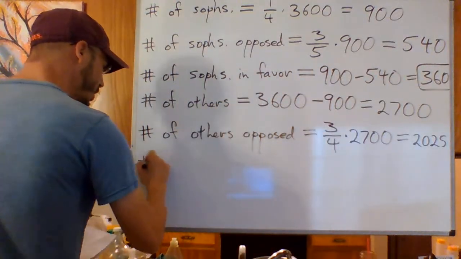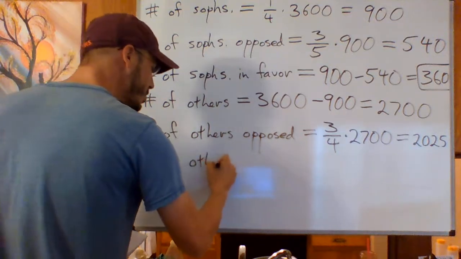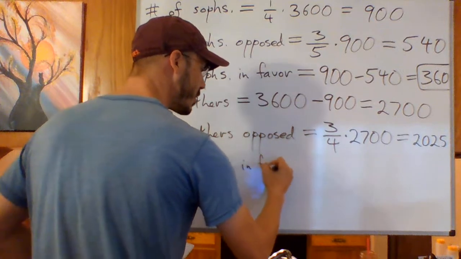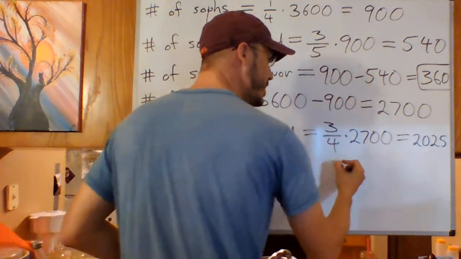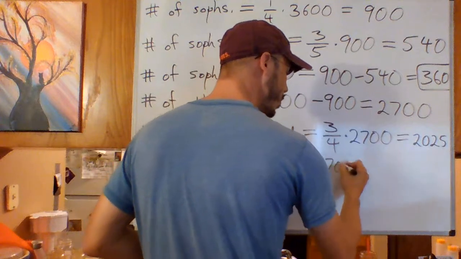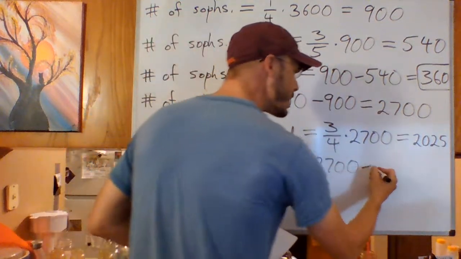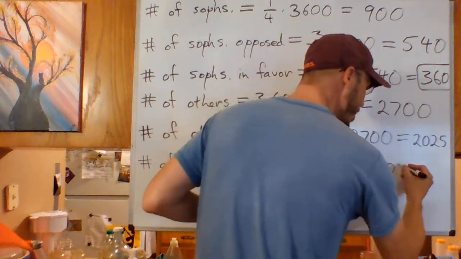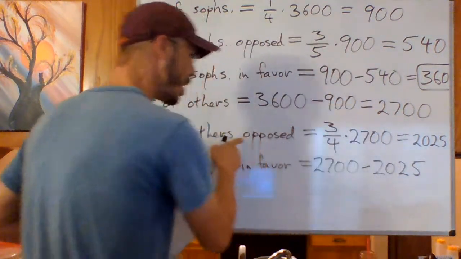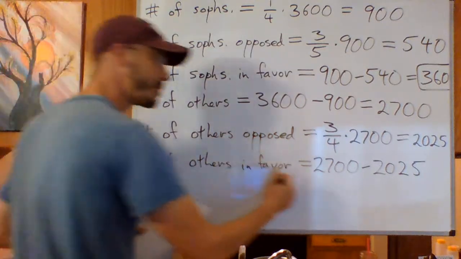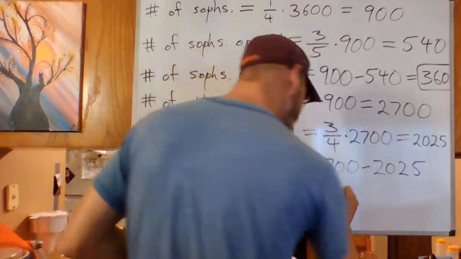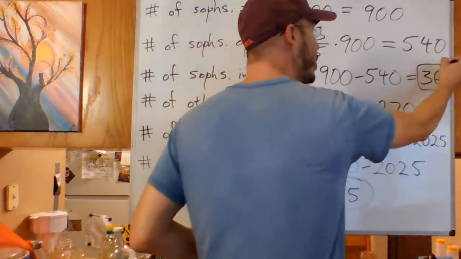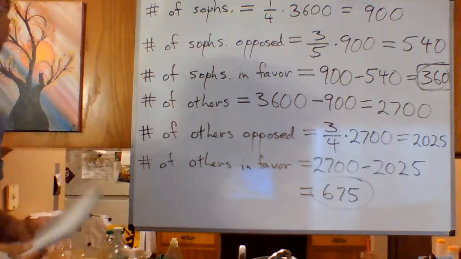And now the number of others in favor I can find by taking the number of others, the total number of non-sophomores, minus the number of the non-sophomores that are opposed. That gives me the number in favor. And that's 675? Yeah, 675. And that, along with this 360, are what I'm going to use to answer the question.